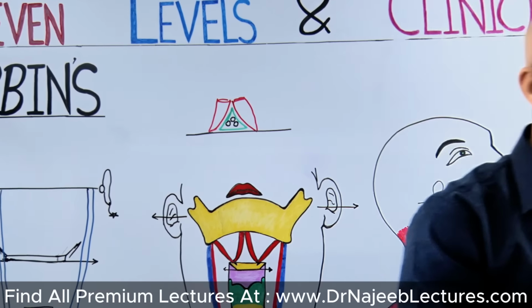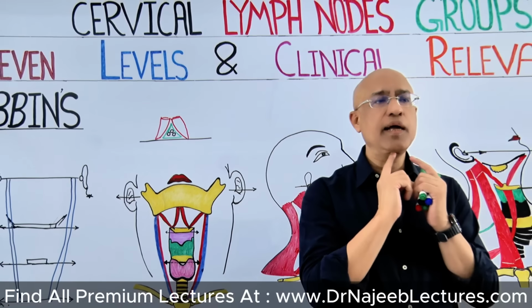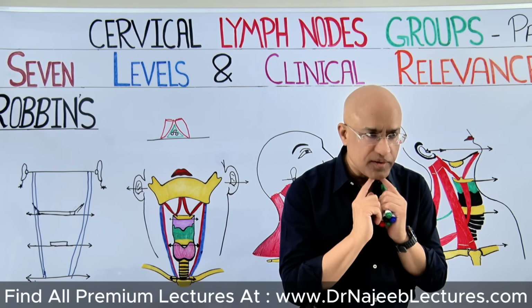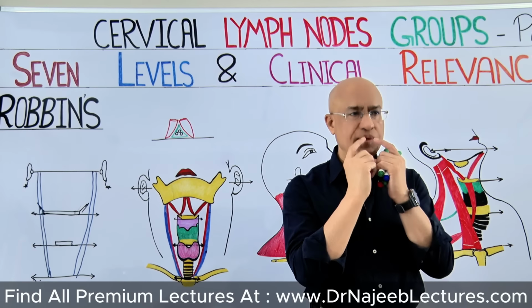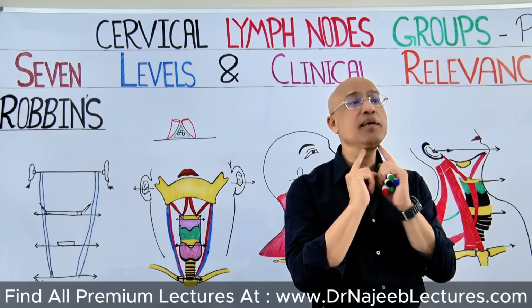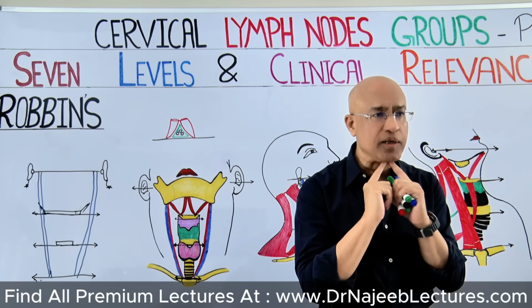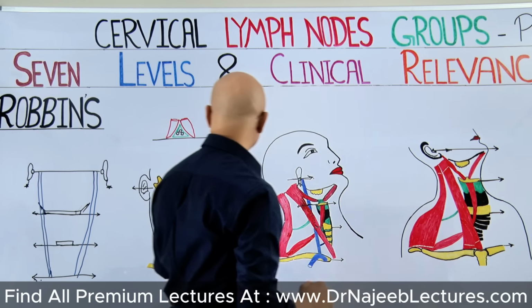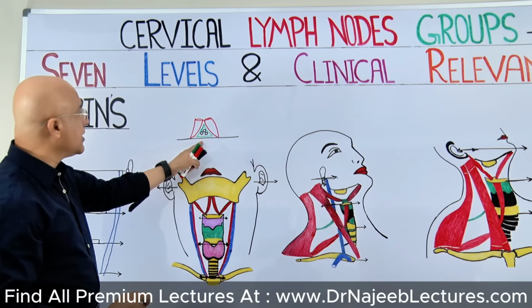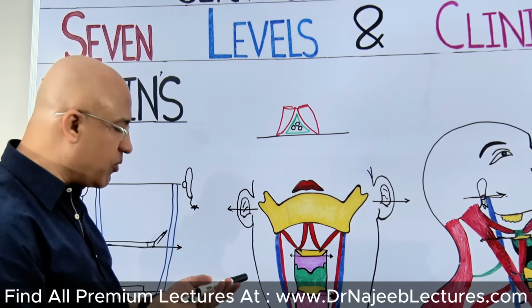Submental lymph nodes. Now, a very important clinical significance is that cancers from the oral cavity mainly give metastasis in this area, to the submental lymph nodes. And these submental lymph nodes, in the Robbins classification, are called level 1A.